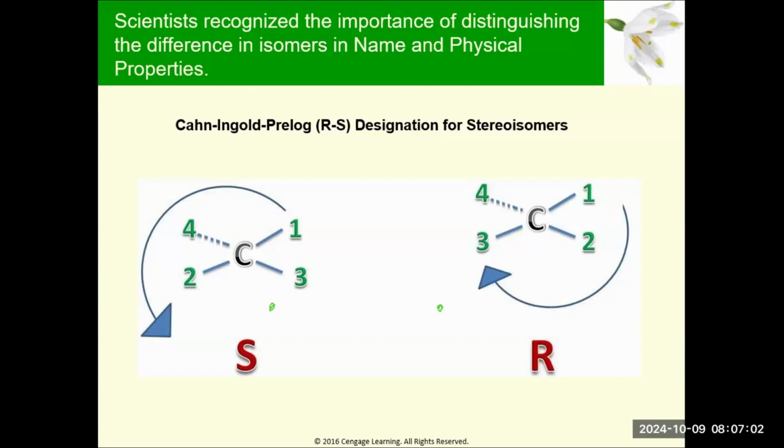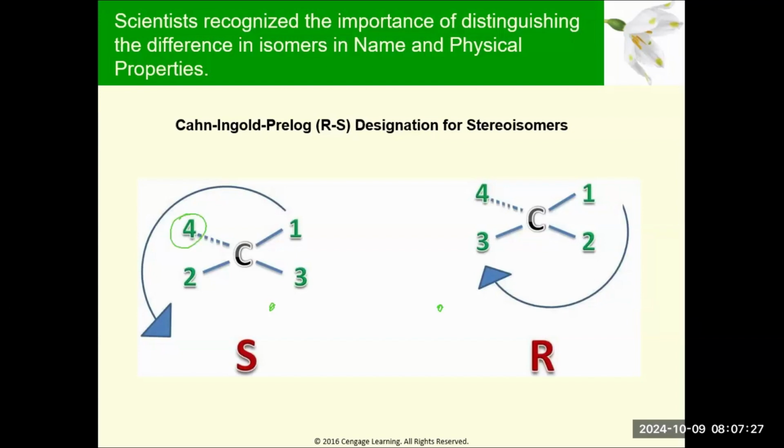When you're dealing with an S version, you designate your substituents using numbers. You number them 1 through 4 using a system that we're going to talk about. Once you number them 1 through 4, you make sure 4 is in the back.